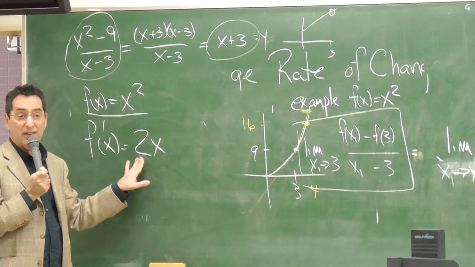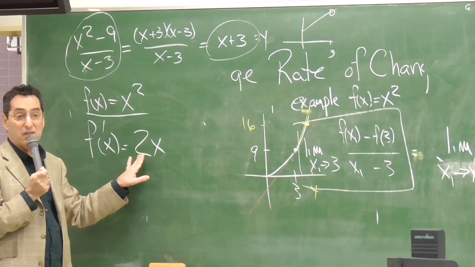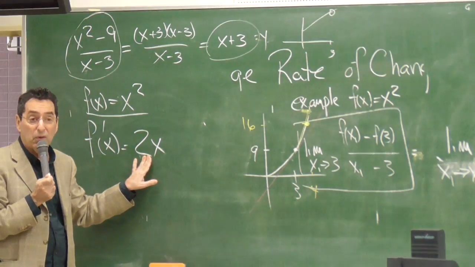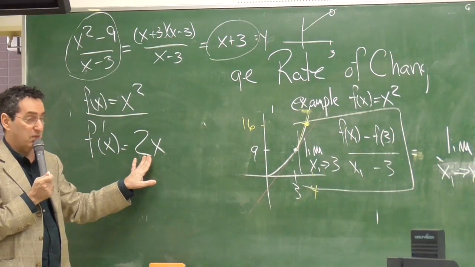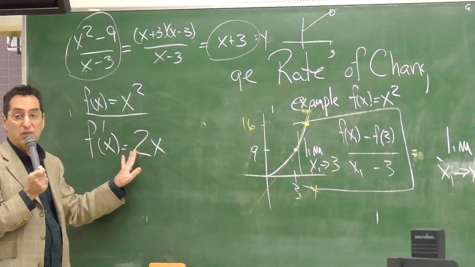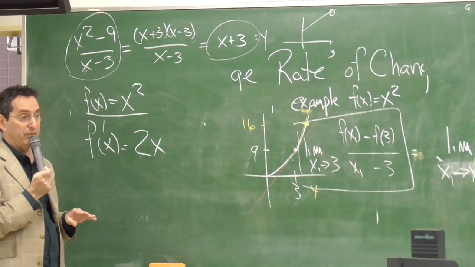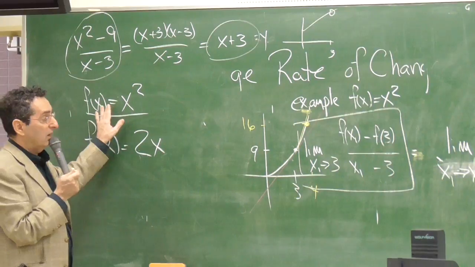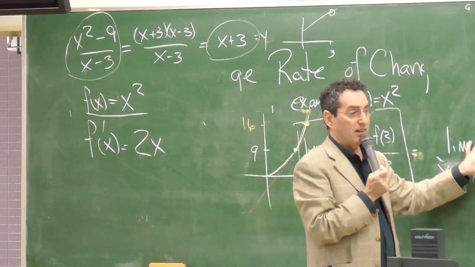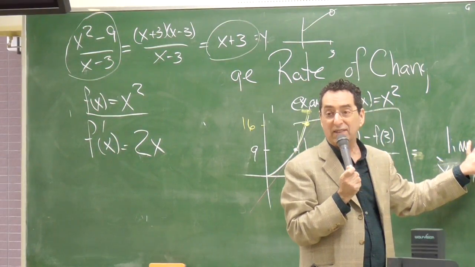Right? We just found that this formula is true for one point, just when x equals 3. But I want to prove this formula in general. Okay, I want to start out with this, use this, and get 2x at the end.